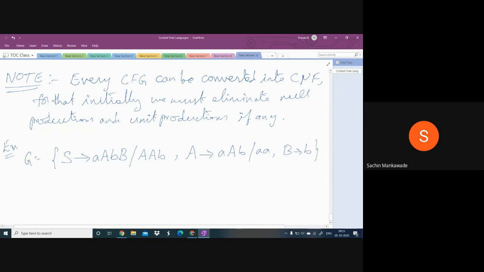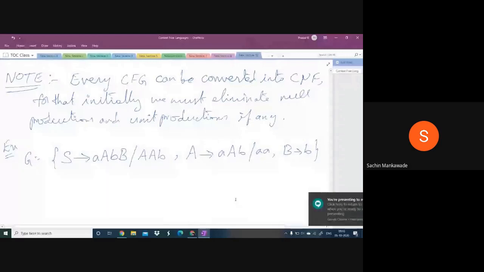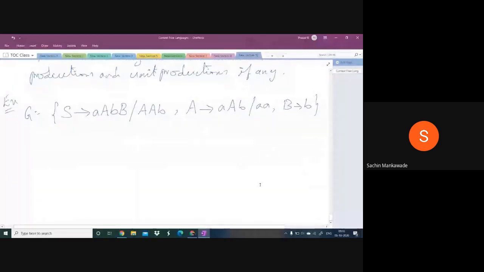Okay, look at this. Is this a context-free grammar? Don't you know what a context-free grammar is? In a grammar, if every production is of the form A derives alpha, it means in every production the left side should be a single non-terminal and the right side can be anything.